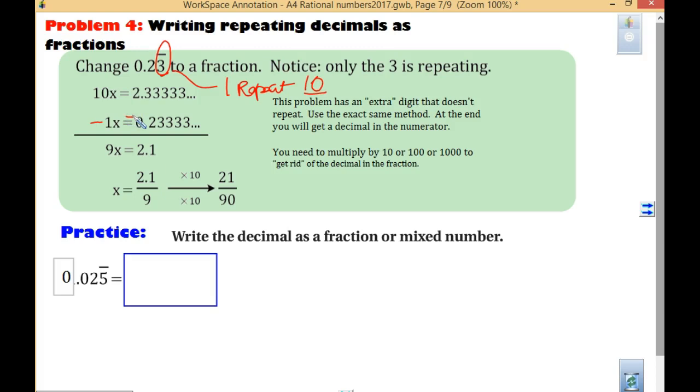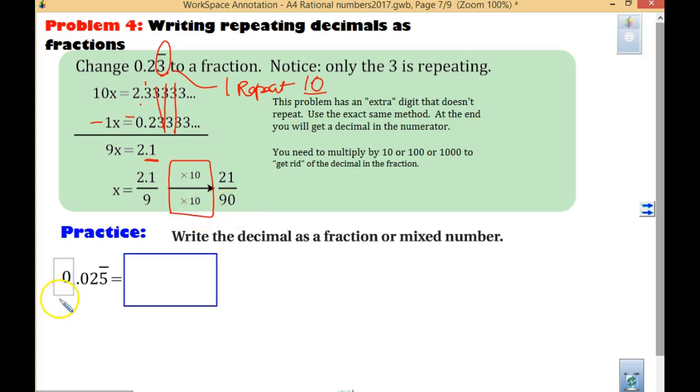But look what happens when we start subtracting from the back. We get these zeros, but then when we get to our decimal point, 3 minus 2 is 0.1, and we get 2.1. And remember our definition of a fraction said it has to be integers. 2.1 isn't an integer. So how do I get that decimal moved over one place? My last step at the end is multiplying both numerator and denominator by 10 to get 21 over 90.